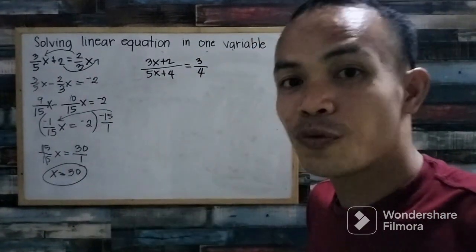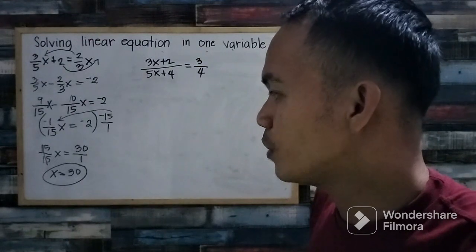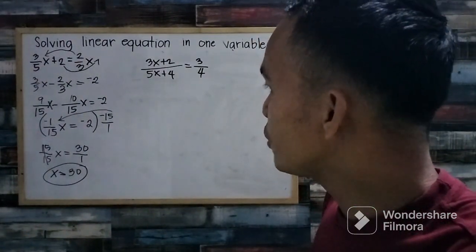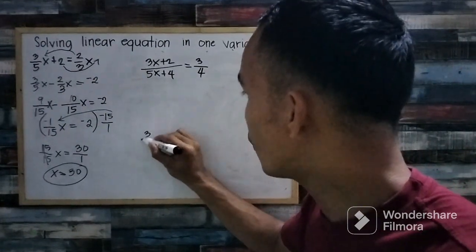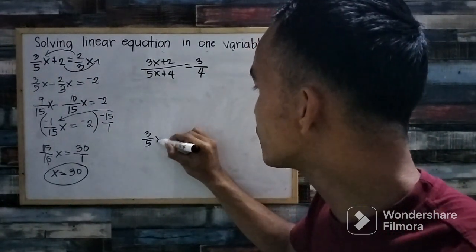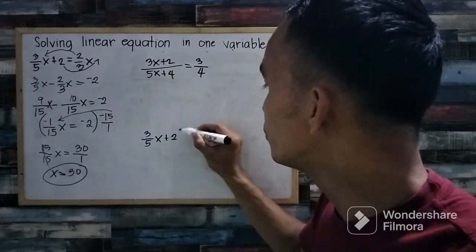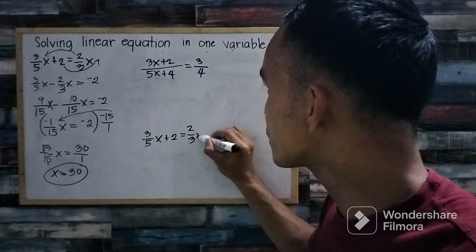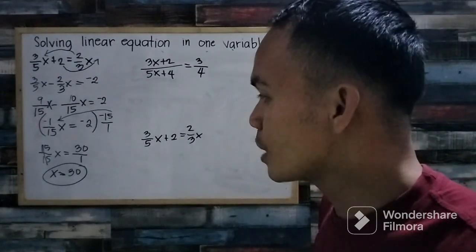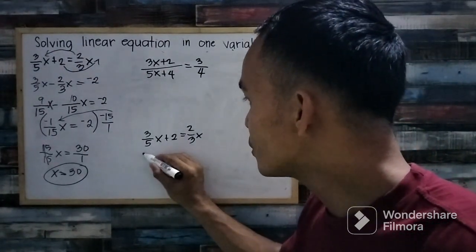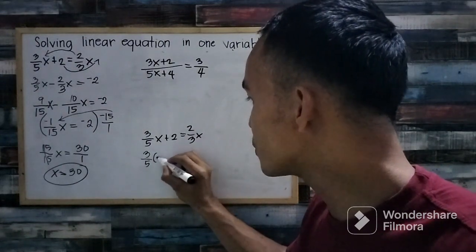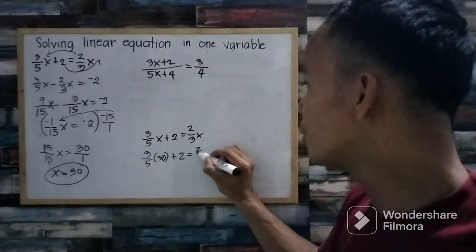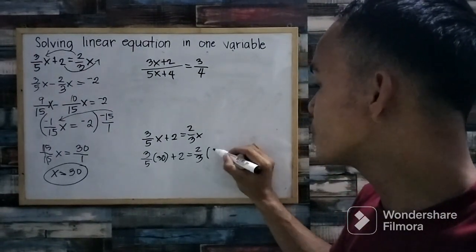Now we have to check if x, which is 30, is the solution of our equation. Our original equation is 3 over 5x plus 2 is equal to 2/3 x. Of course, we substitute x by its value. So, that is 3 over 5 times 30 plus 2 is equal to 2/3 times 30.